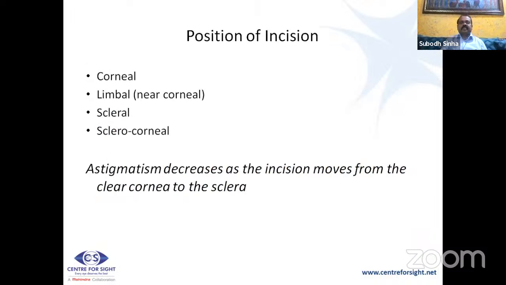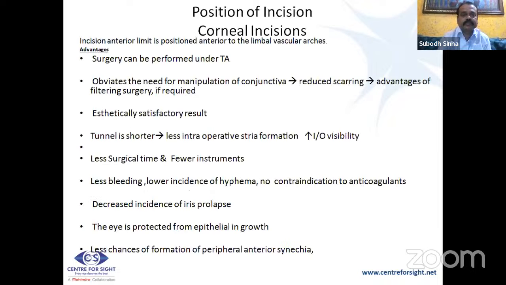Position of the incision, you can have corneal, limbal, scleral, sclerocorneal. As we have already seen, the more you move away from clear cornea, there will be less astigmatism. Corneal incisions are very useful in situations when you are doing phacoemulsification, because you can do it under topical anesthesia, and aesthetically it's a very good result.